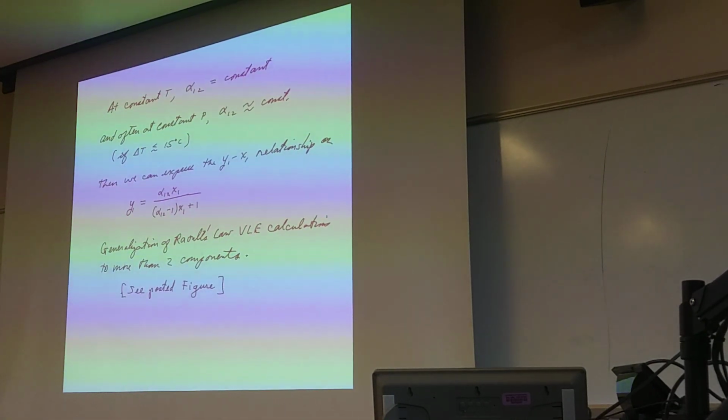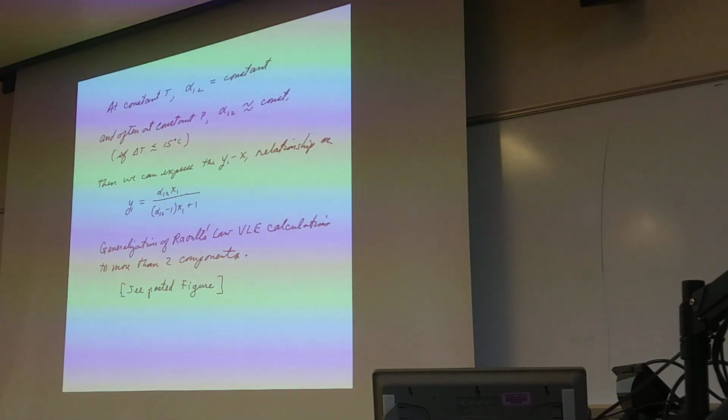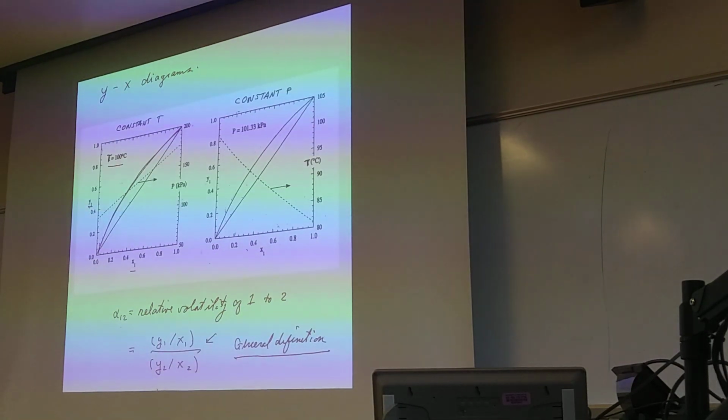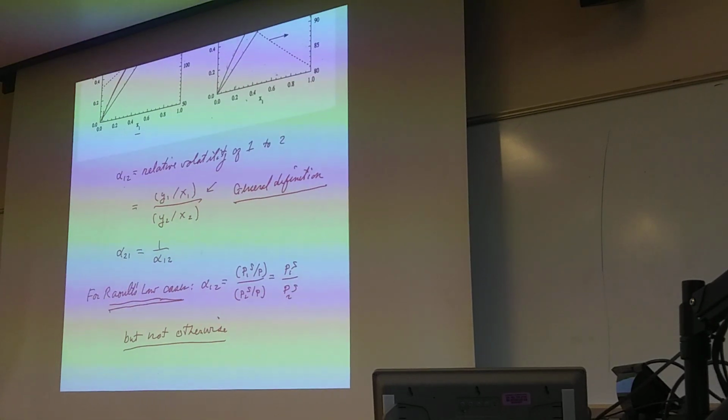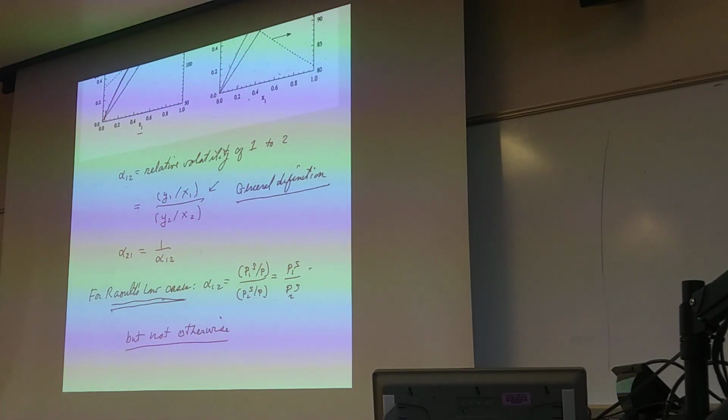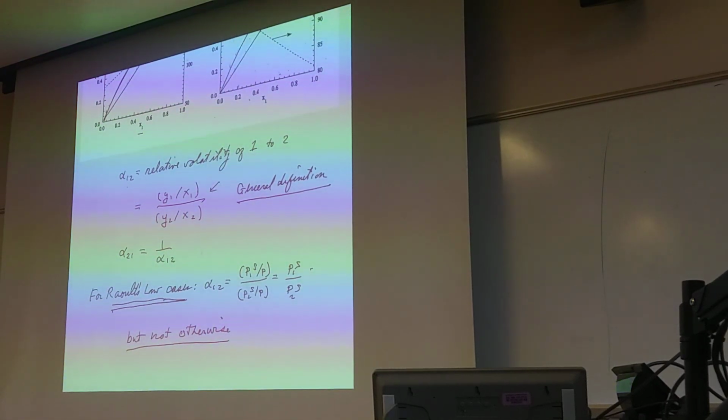So let's consider this relative volatility as an important parameter. It's evident that for the Raoult's law case, the relative volatility is going to be constant at a constant temperature, because vapor pressures just depend on temperature. In a constant pressure case, the temperature is going to vary from one end of the composition range to the other.